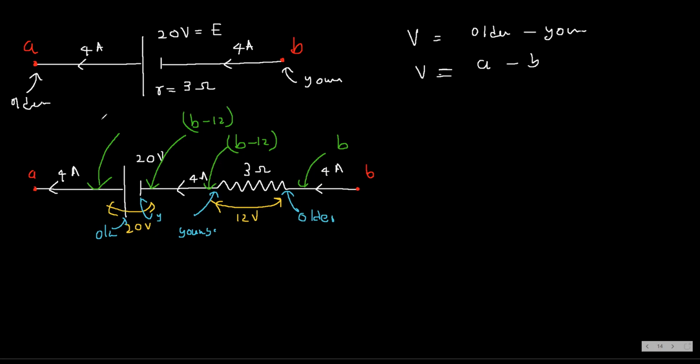How is it minus? We have to add 20 to B minus 12 to calculate the older one's age. Clear or not? Sobana? Clear, sir. Okay. Then what is A's value?